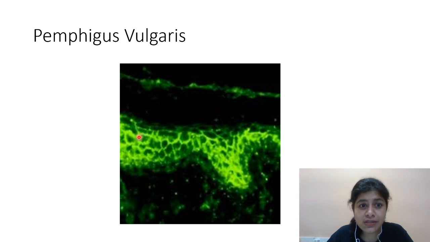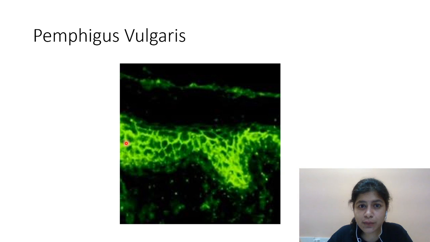First thing that you will do is a Tzanck smear, correct? Now, second thing, what will you do is the histopathology, which is going to show you the classical suprabasal blister with the presence of the row of tombstone appearance, and the presence of acantholytic cells in the blister cavity. Now, to substantiate the diagnosis further, you can do a direct immunofluorescence.